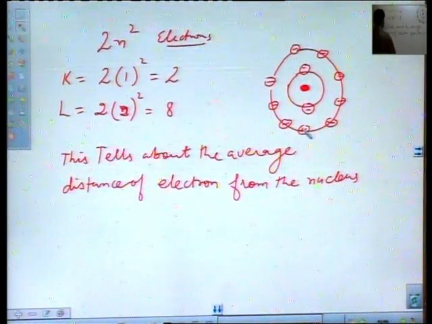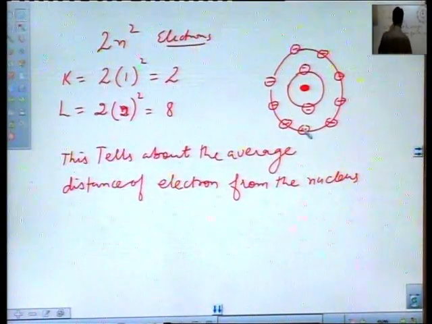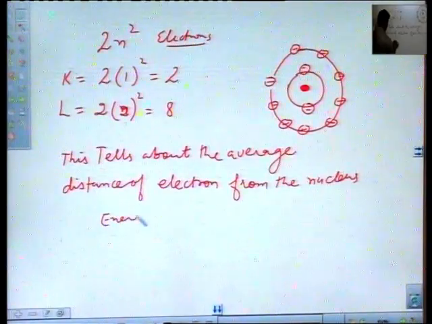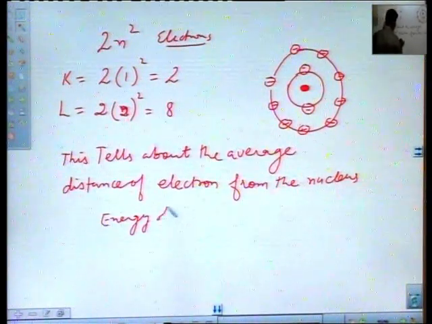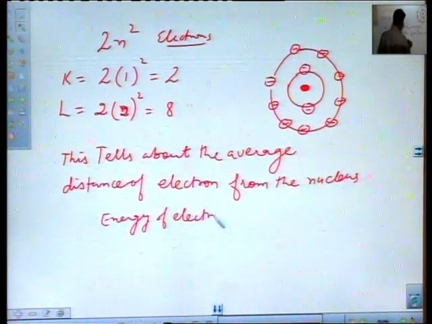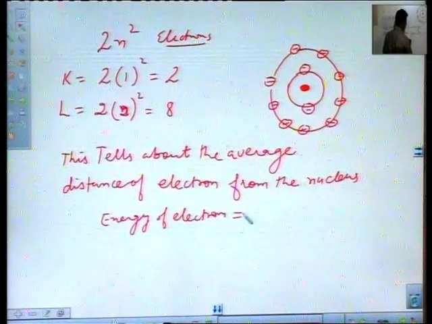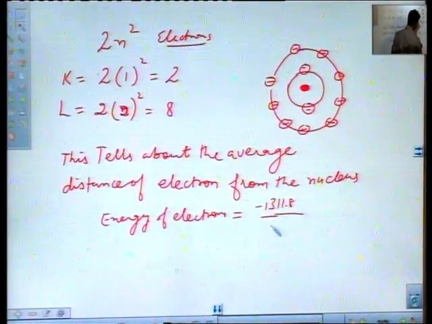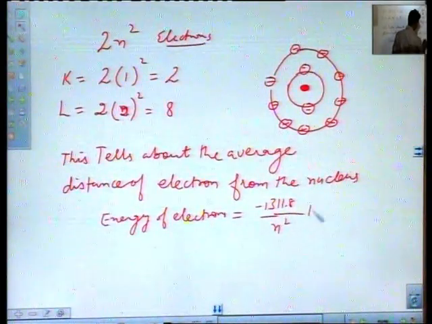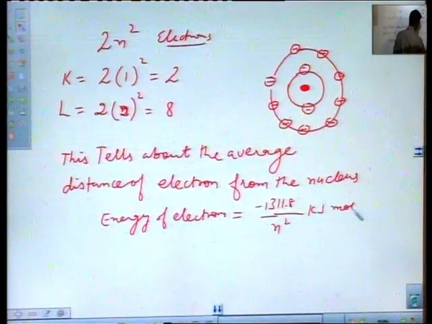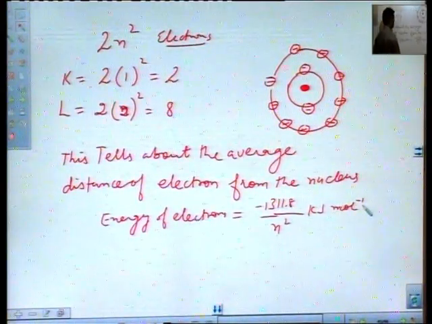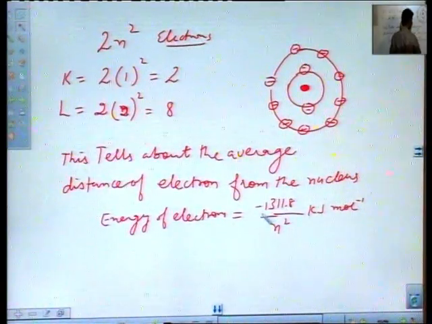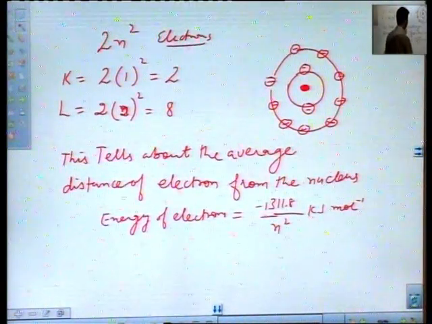The energy of the electron is given by minus 1311.8 divided by n square kilojoule per mole.